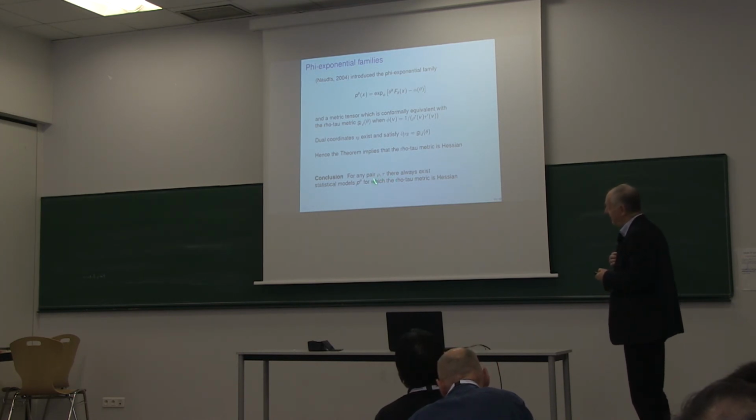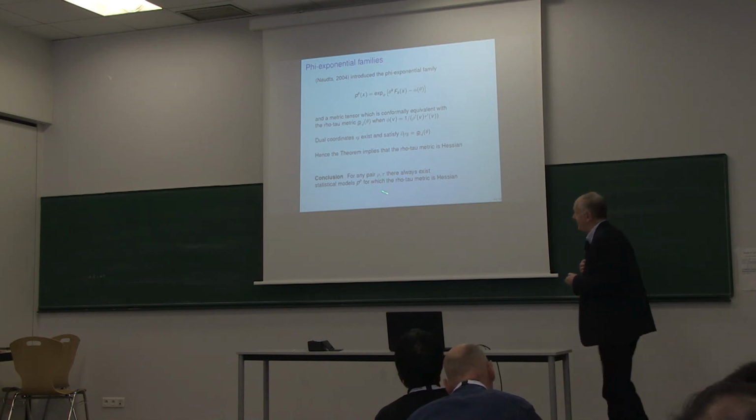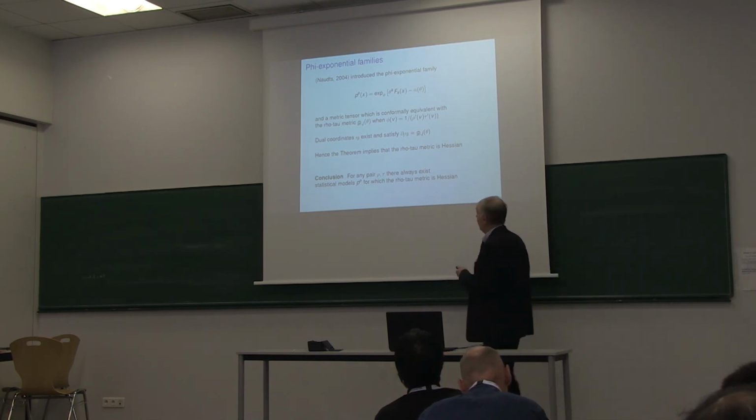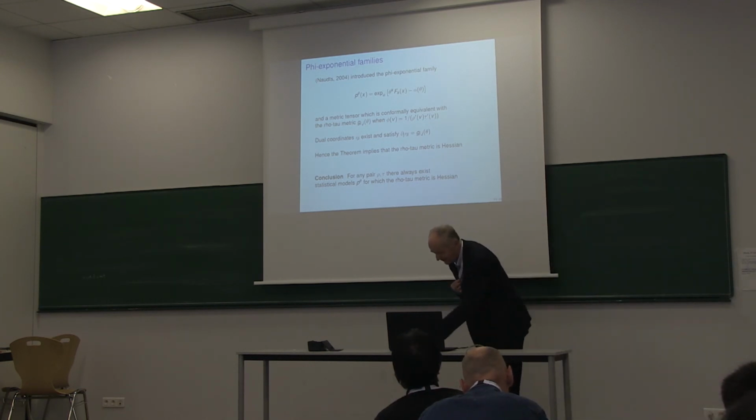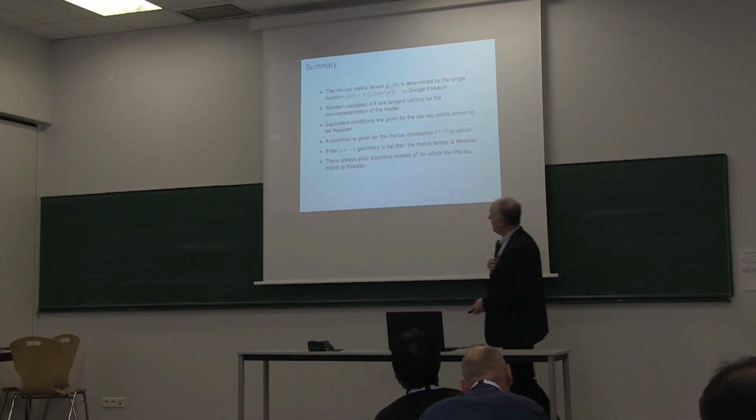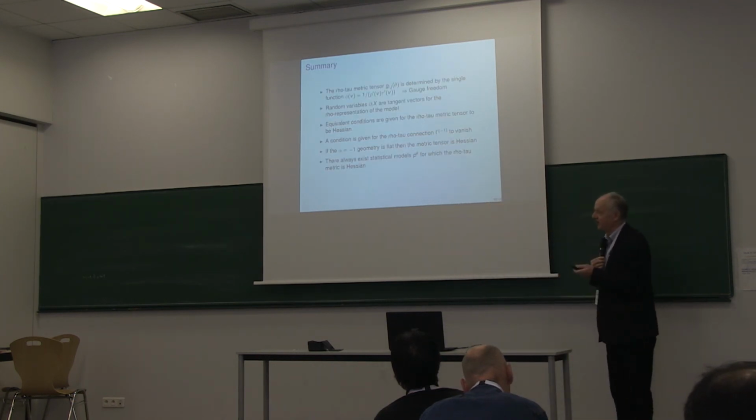That gives a lot of freedom of pairs of rho taus, which, if you want, can be provided with a Hessian metric. So the summary is just what I said, and I will stop here.